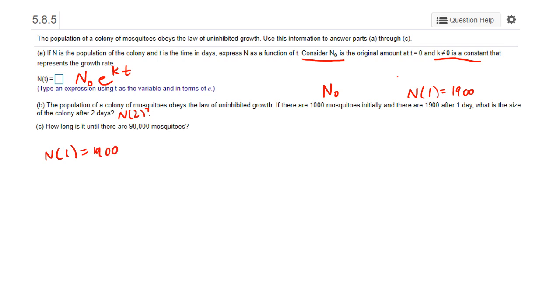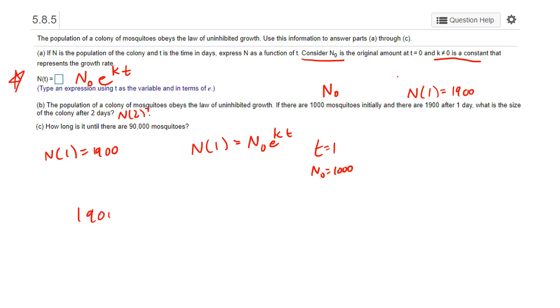If we use the law of uninhibited growth starred up here, we can also say that n of 1 is n sub 0 e to the kt. But we know that t is equal to 1 and n sub 0 is equal to 1000. Okay, so we also know n of 1 is 1900.